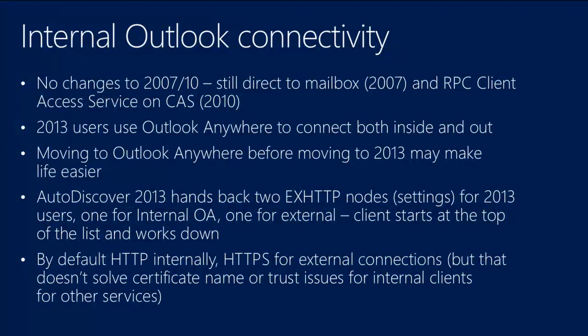So a lot of those updates that you see are required updates for Outlook. There's been several updates for Outlook, and an important component of those updates is the ability to understand this new XML. Because the new XML that we return when your mailbox is on 2013 contains some new XML nodes. They're called EXHTTP, and there is 1 if you only have internal Outlook Anywhere, or 2 if you have internal and external Outlook Anywhere. And the Outlook client now understands what these nodes are, and when they're present, it realizes your mailbox is on 2013, and it knows how to work with them.